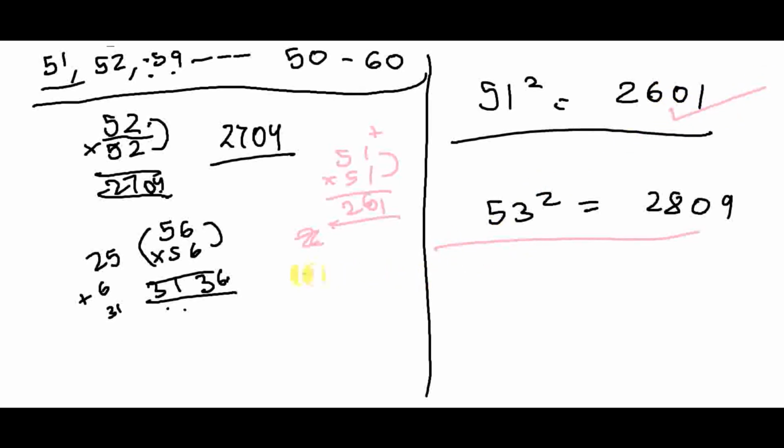And let's proceed with the second problem, which is 53 multiplied by 53. 3 multiplied by 3 is 9. As it is a single digit number, we have to add a 0 behind. And 5 multiplied by 5 is 25. Addition with 3, 27, 28. And as you can see here, this equation is also correct.